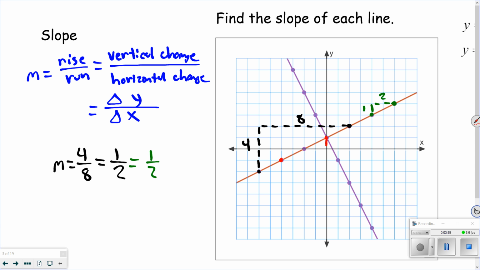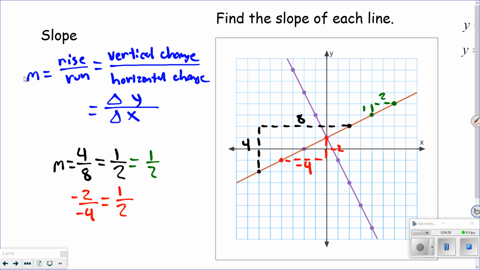I could go down, that'd be -2, and if you go to the left, it has to be negative also, which is -4. Well, -2 over -4 still comes out to be a positive 1/2. So you can pick any 2 points on the line. You should get that same ratio of vertical change, the rise, over the horizontal change, the run. Those are the 2 things we're comparing.